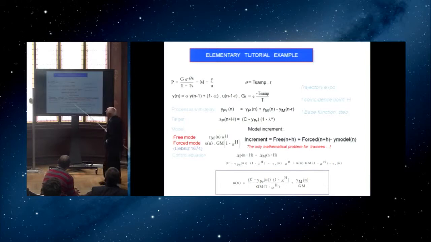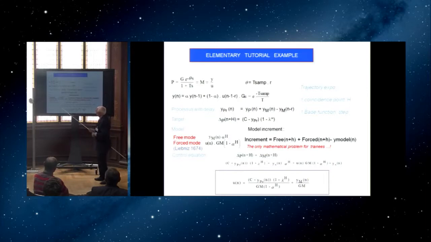And the solution of the differential equation is not new. Okay, so the solution of the differential equation is the increment will be the free answer plus the forced response times one minus the exponential.